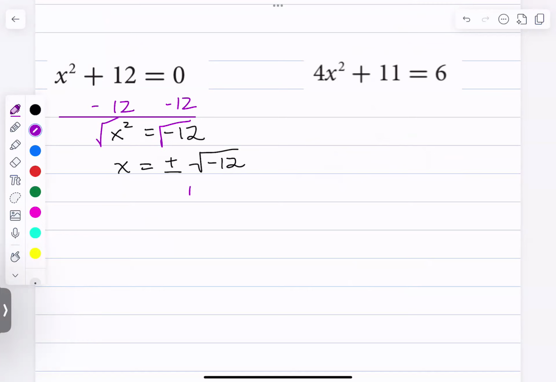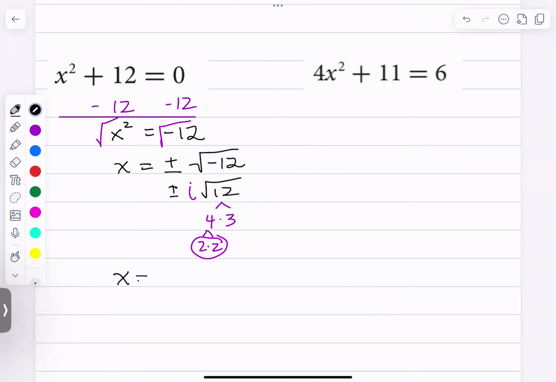It's negative, so I know there's an i coming out. And in the 12, I can break that down into 4 times 3, 2 times 2, so a 2 pops out.